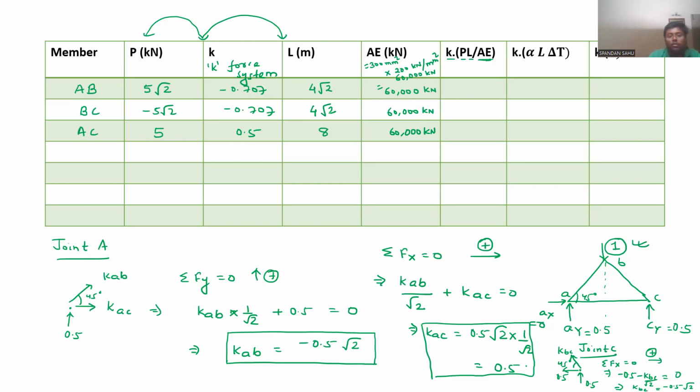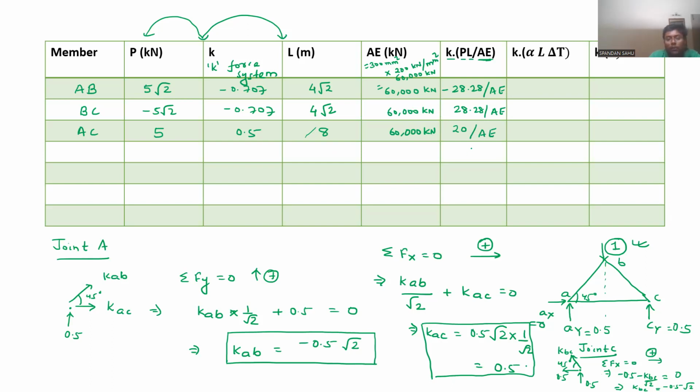So this is coming out to be minus 28.28 by AE, and this is coming out to be 28.28 by AE, and this is 2.5 into 8. This is 20 upon AE.